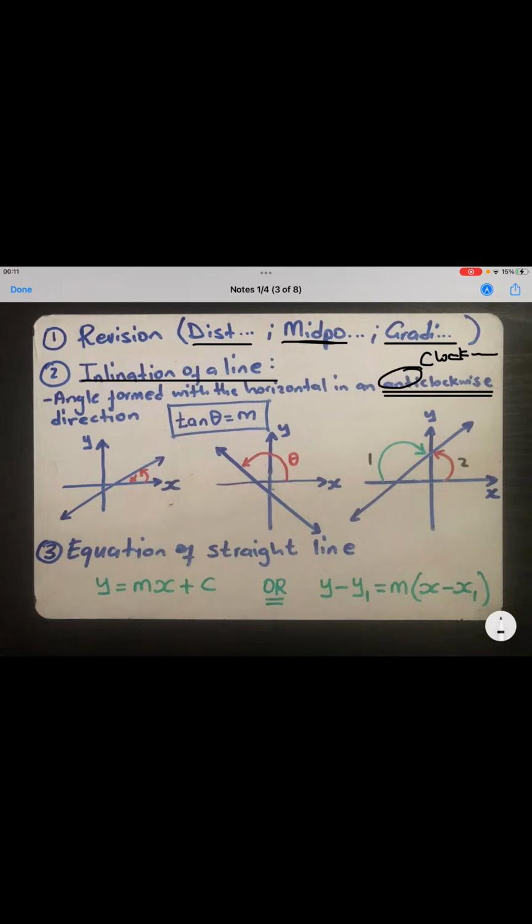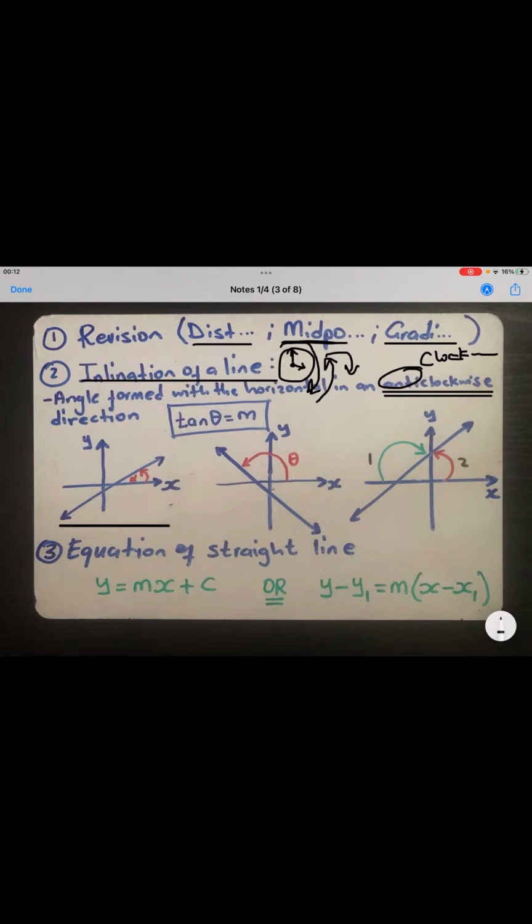Let me say this is a clock or a watch. The direction is in that direction, clockwise. Just remember that. So that means anything in the opposite direction is what we call anti-clockwise direction.